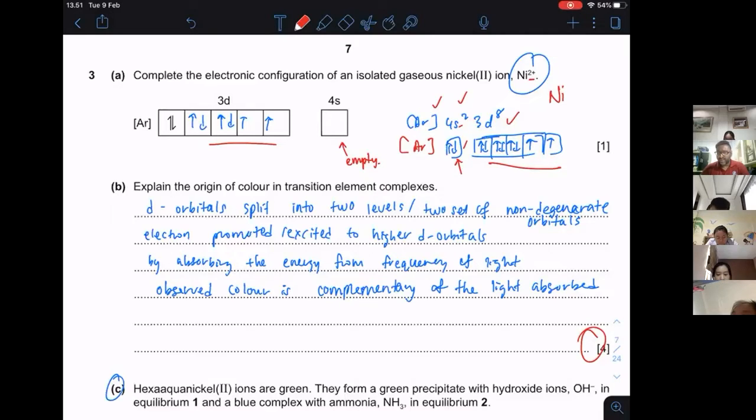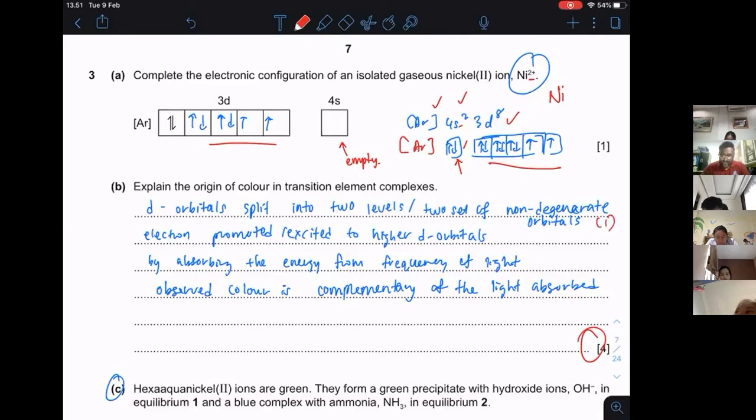But I don't want you to just simply say that. You can say d orbitals split into 2 energy levels, it is okay. But I think the better answer will be: d orbitals will split into 2 sets of non-degenerate orbitals. Non-degenerate means different energy. So d orbitals split into 2 sets of non-degenerate orbitals. That is going to be 1 mark.